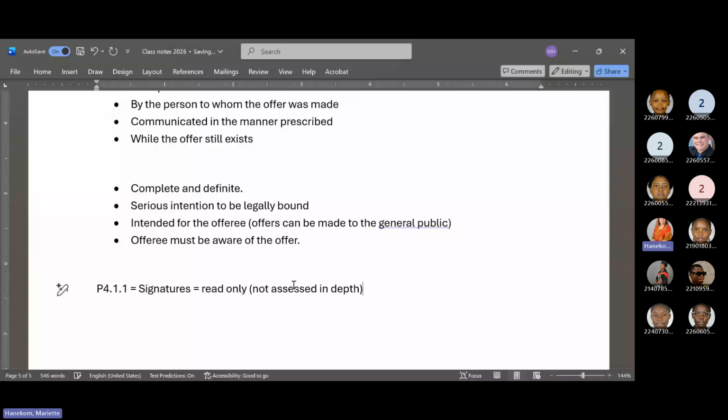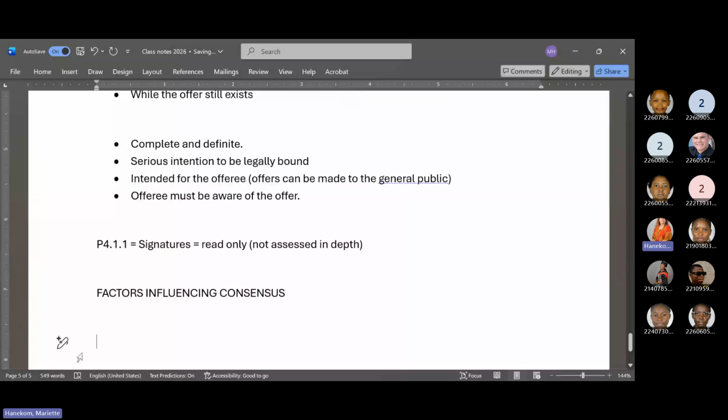Okay, so now you have consensus. Now we get to the factors influencing consensus. So, things that can happen that might have the result that you think there is consensus, but there isn't.